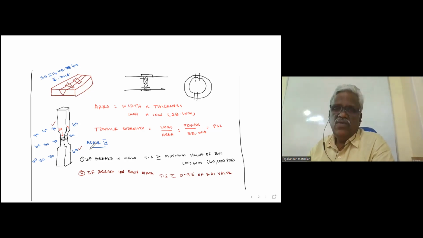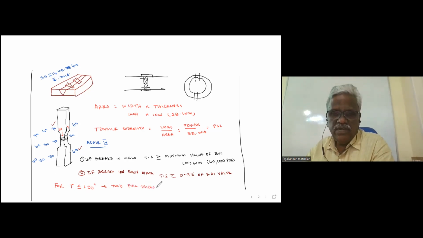Another one: I told you how many specimens you have to take? 2. There is a concession given in Section 9. For thickness T less than or equal to 1 inch, 2 full thickness test coupons.